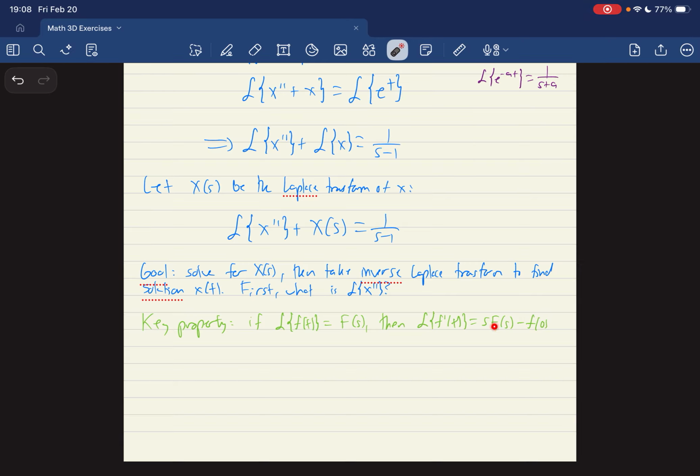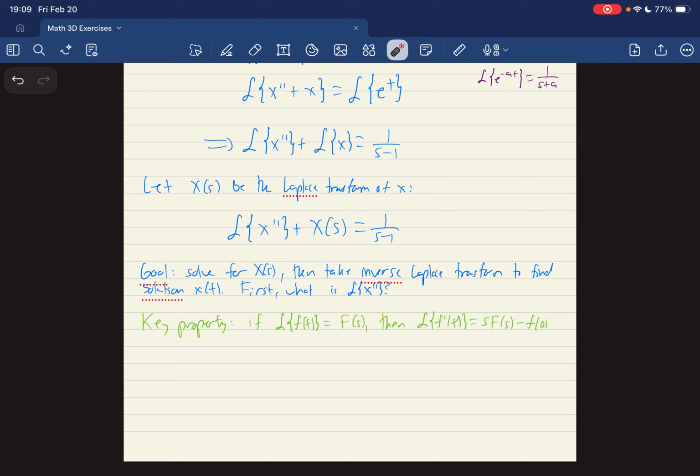That's very important. It's not capital F. Here we're doing little f, and we're plugging in 0. Now this assumes that our function little f is defined at least on an interval containing 0. So that's what we're assuming here.